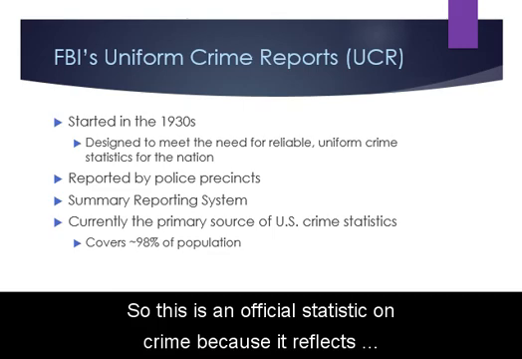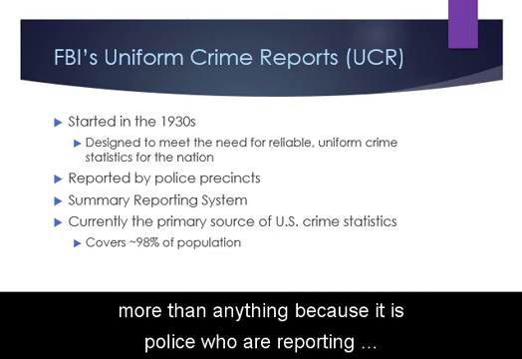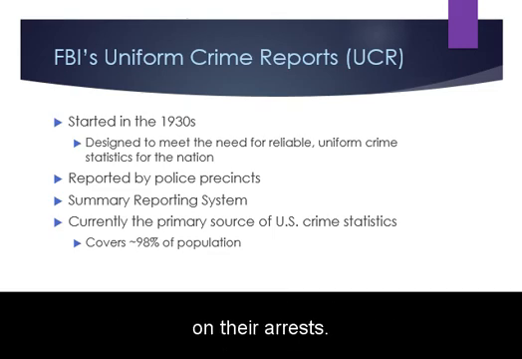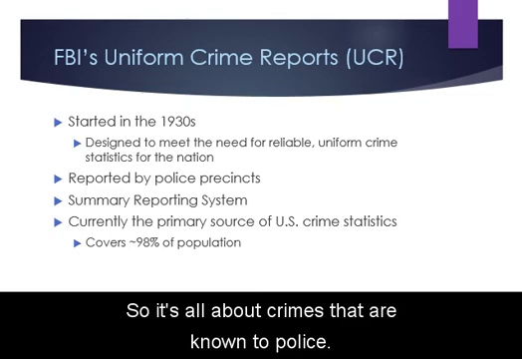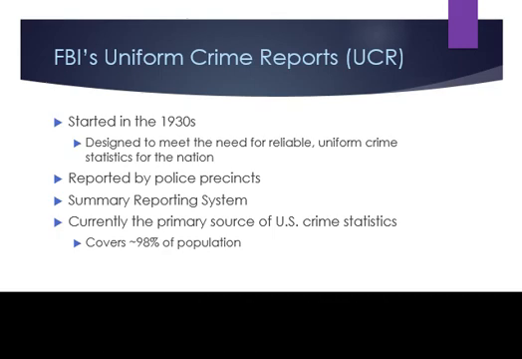So this is an official statistic on crime because it reflects formal responses to crime. So it's tapping police behavior more than anything, because it is police who are reporting on their arrests. So it's all about crimes that are known to police. So anything that police don't know about are not included in the UCR.